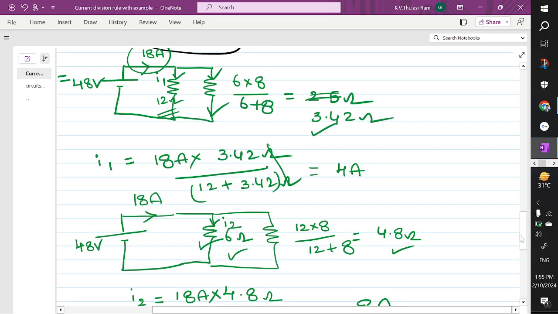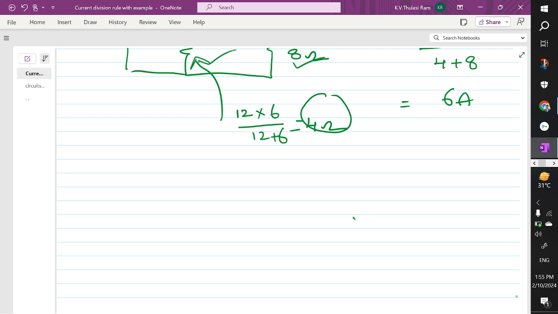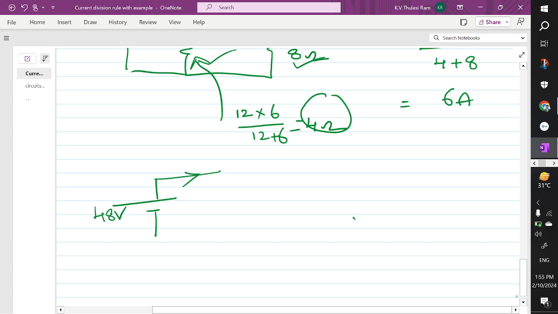So let's try to construct the total diagram. The given circuit has 48 volts and the given current is, as per our calculation, 18 amps.